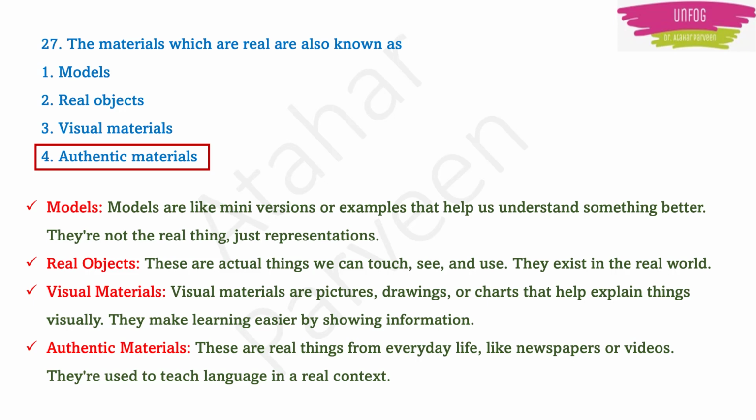So authentic materials, how they are connected to language means they are used to teach language in a real context. See, if anyone says to you to read newspaper to improve English, is he or she correct or wrong?